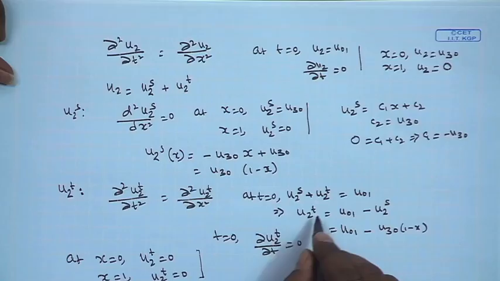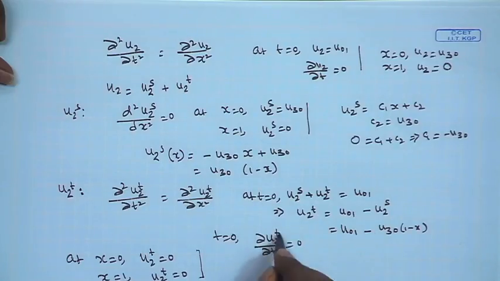So, we will be having a standard eigenvalue problem in the x direction, and we will be having a non-zero initial condition at t equal to 0, and del u2 del t will be equal to 0 at t equal to 0. So, we will be getting almost similar type of solution. If you look into the solution, you can see that the solution will be something like this.